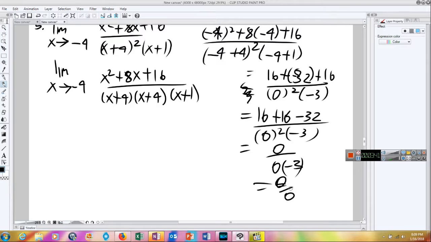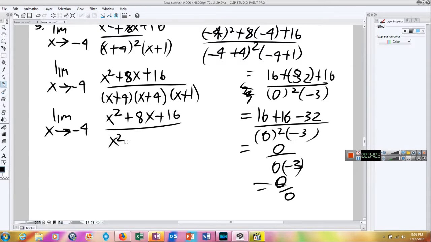So going back to our expansion, we say the limit as x tends to negative 4 for the function x squared plus 8x plus 16 over the expanded denominator. We FOIL right here: x squared plus 4x plus 4x plus 16, times x plus 1.